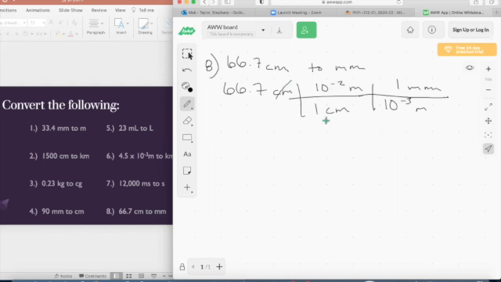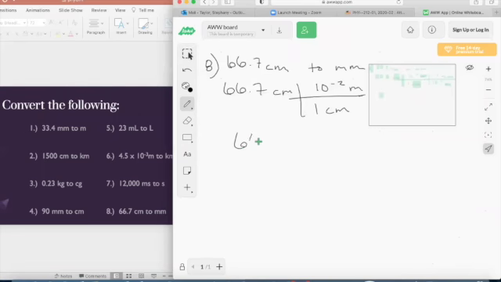So the centimeters cancel out, the meters cancel out, so we're left with the millimeters at the end.